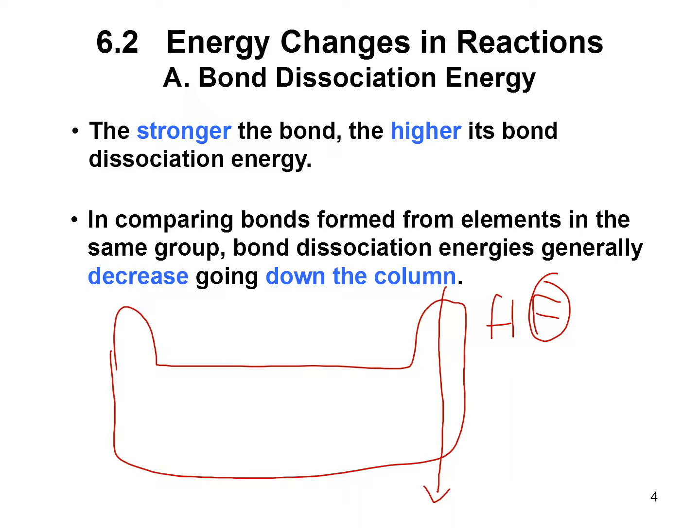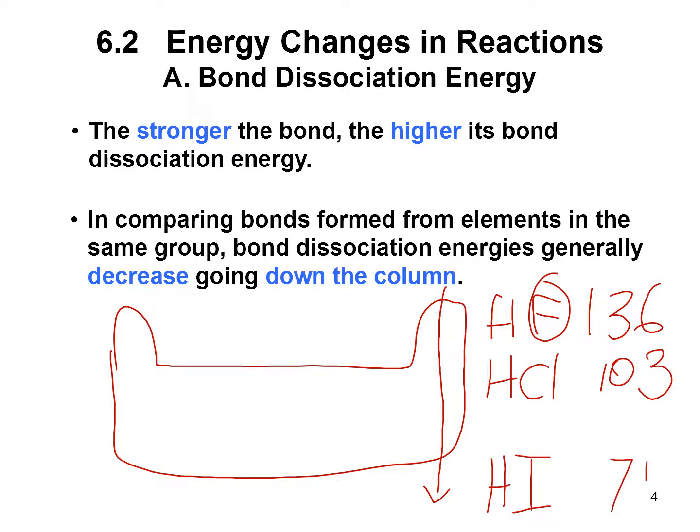The bond dissociation energy is 136, very high, in kilocalories per mole. Go down and you look at HCl. Cl is the next in line. It's 103. Go down even further to HI, and you notice that the bond dissociation energy is only 71. So if you're comparing bonds formed by atoms in the same group of the periodic table, bond dissociation energies generally decrease down the column.